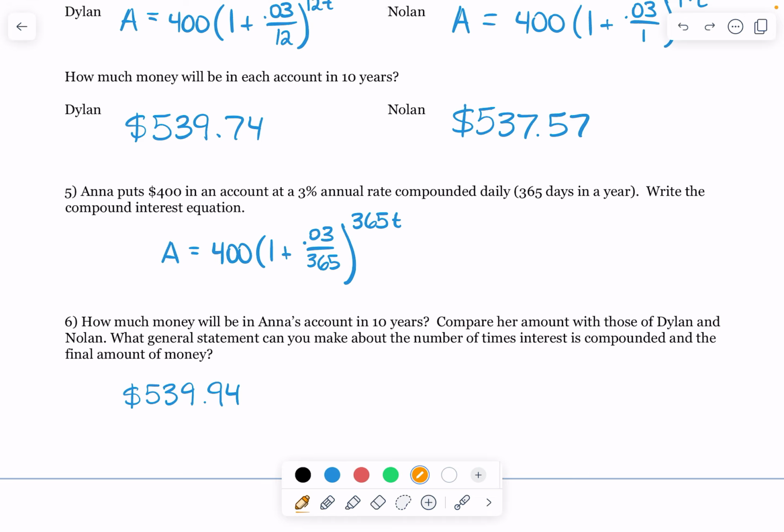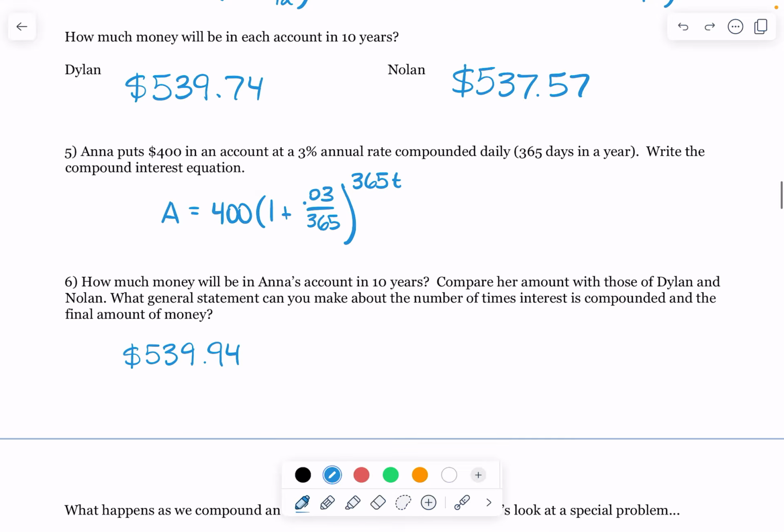If you ended up with $2 less after 10 years, I don't think it's going to make a big deal to you. But in situations where the interest rate is higher, those differences can really add up, okay? So the main takeaway from this, in comparing these, is that more frequent compounding increases the interest that's earned.